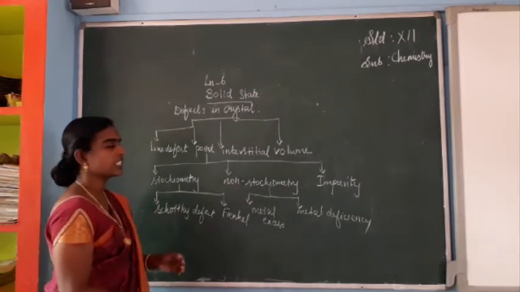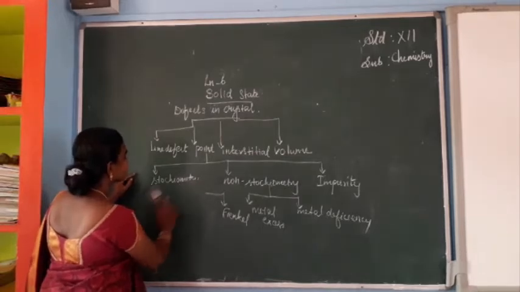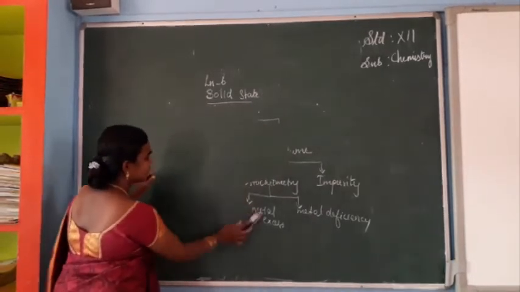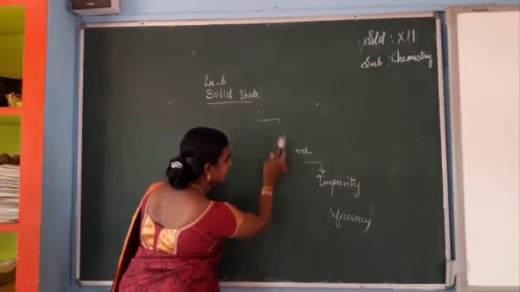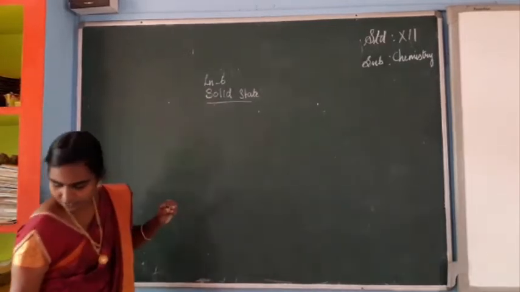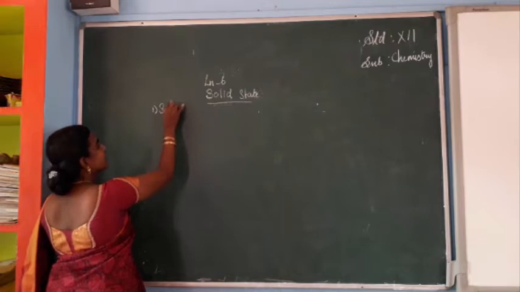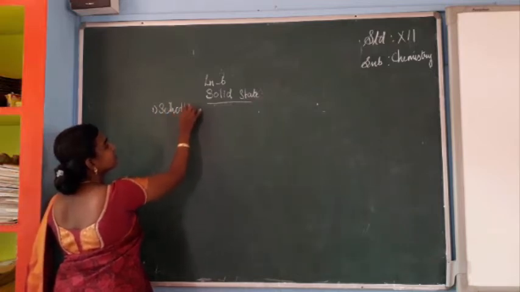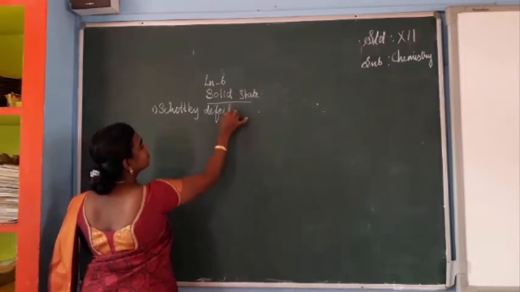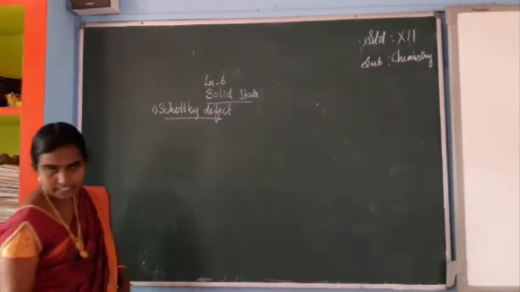So first we can see stoichiometry defects. Under the stoichiometry defect, the first defect we are going to see is the Schottky defect. Consider a crystal like this.